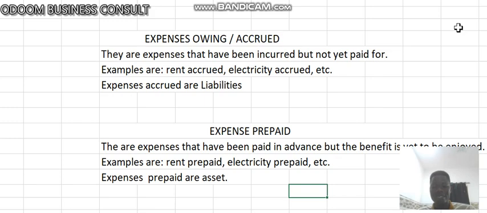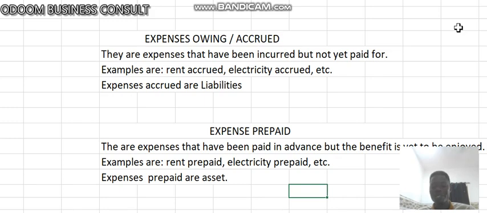You have incurred the rent. You have enjoyed the benefits of using the facility, but you have not paid for what you have enjoyed. In that case, we say that it is rent owings or rent accrued.